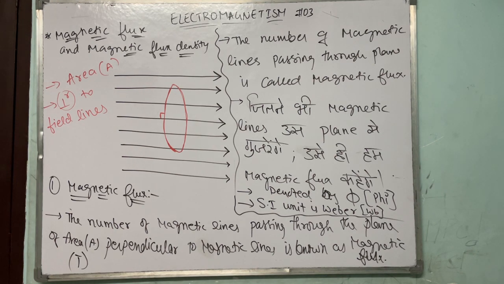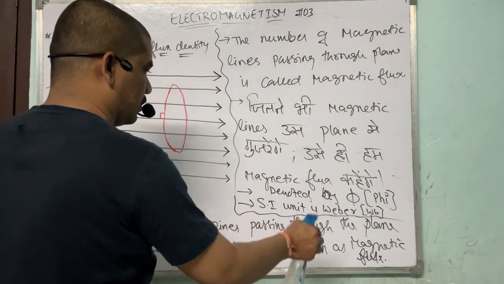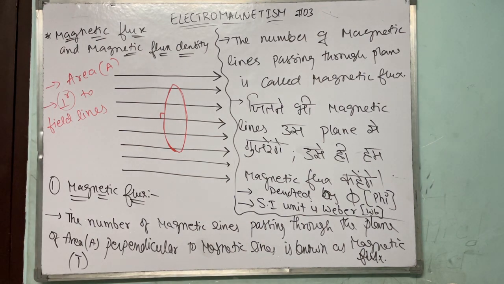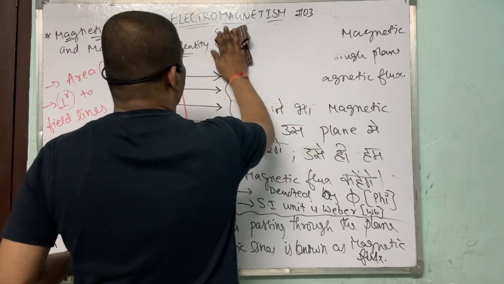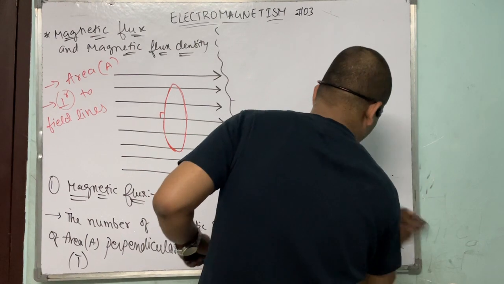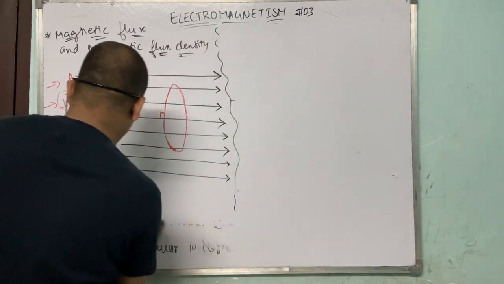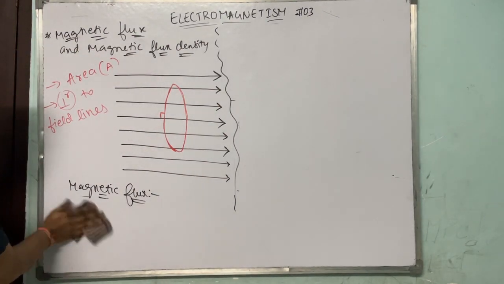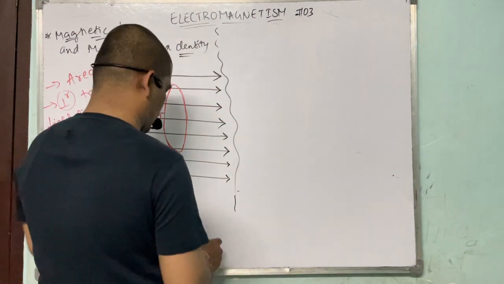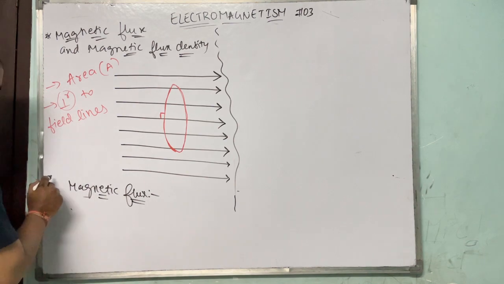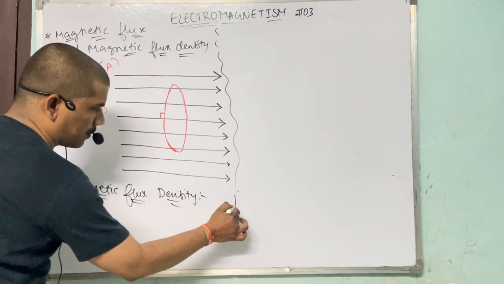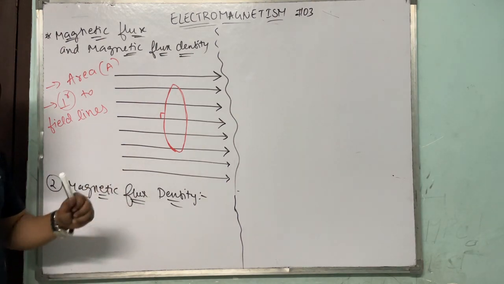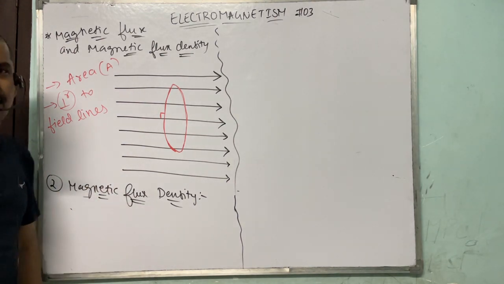Now we'll see magnetic flux density. See, just now I said the magnetic flux definition, na? From that only we can write the magnetic flux density definition.